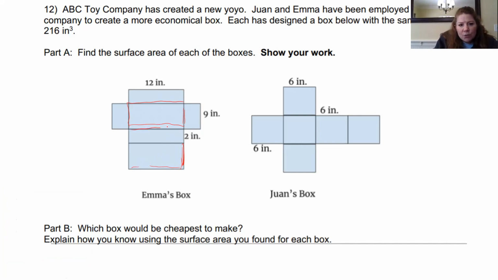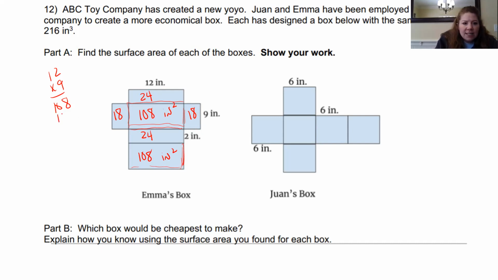So we have 2 that's 12 by 9. So 12 times 9 is 108. So we have 108 inches squared, 108 inches squared. And then we have a 9 by 2, so we have 18 and 18. And then we have a 12 by 2. A 12 by 2 is 24, 24.